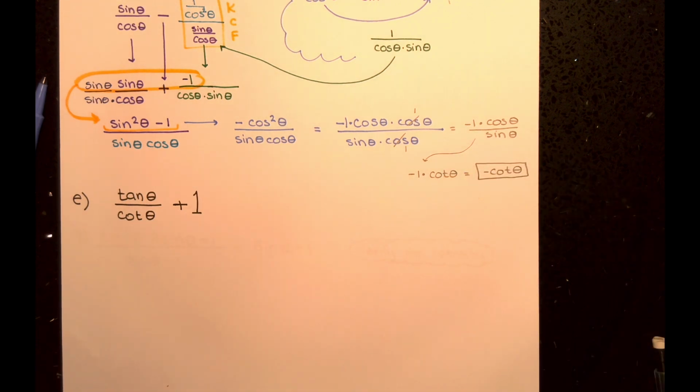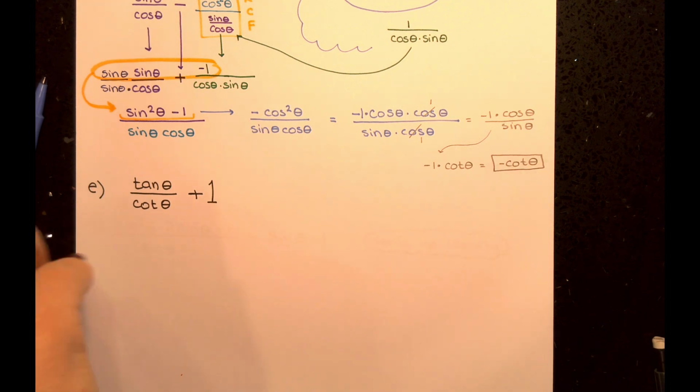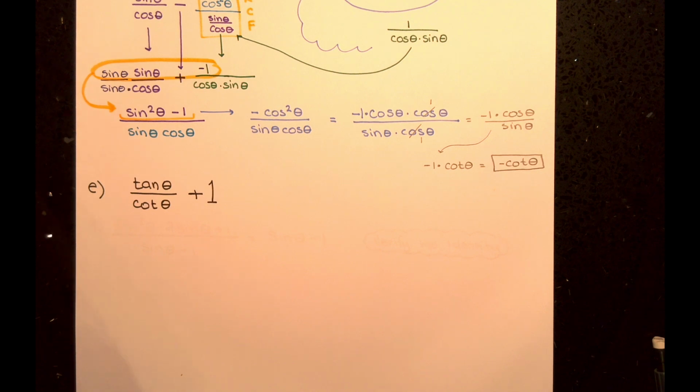Okay, let's move on here. Now I did my 1 on this example very extra because I wanted you to see that it's one whole thing, right? I could have written a 1 that's very small, but I wanted to be a little extra here. Step number 1, rewrite things in terms of sine and cosine. Sure, let's do that.